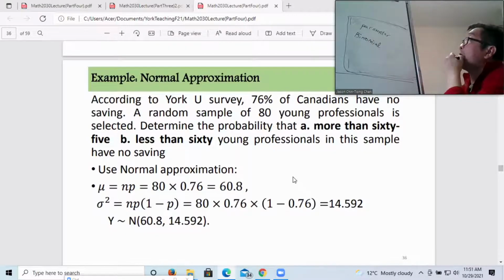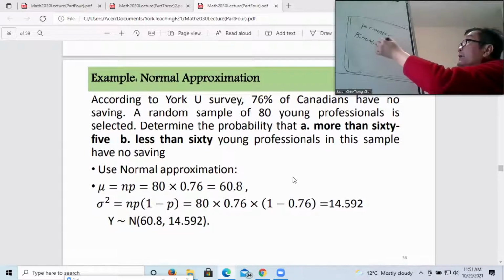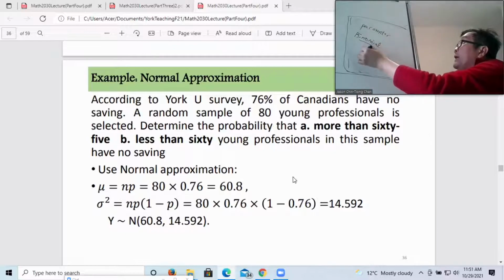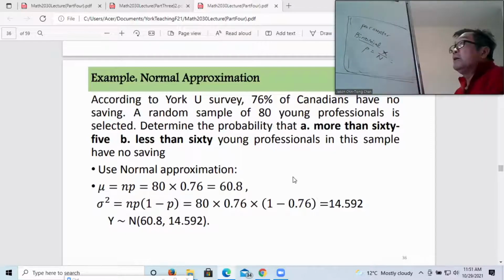But usually we cannot get the parameter. It's very hard. That's why we use approximation. So for the binomial parameter, the P is what? X divided by N, if we know the probability. So let's say in the past, students took this course, Math 2030.